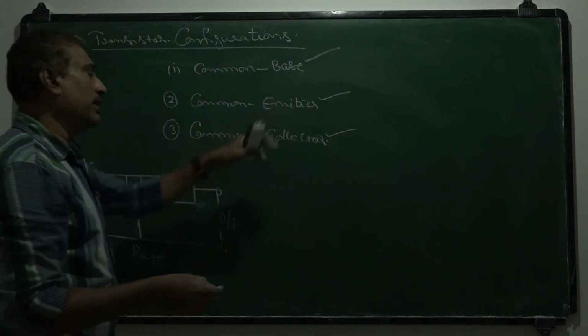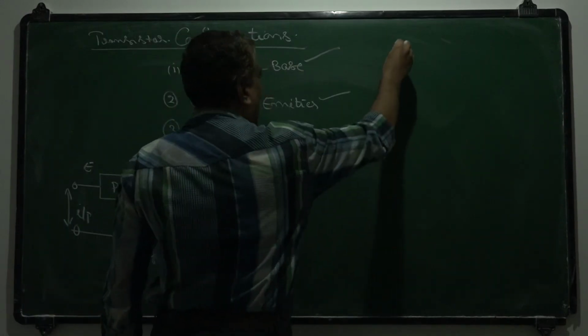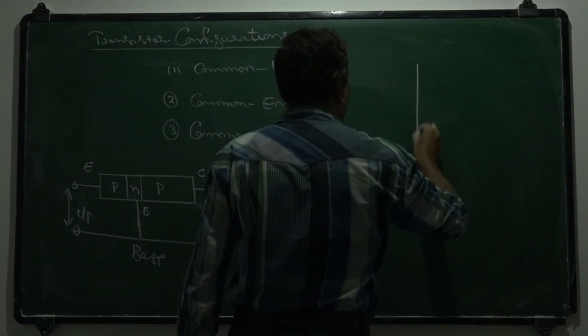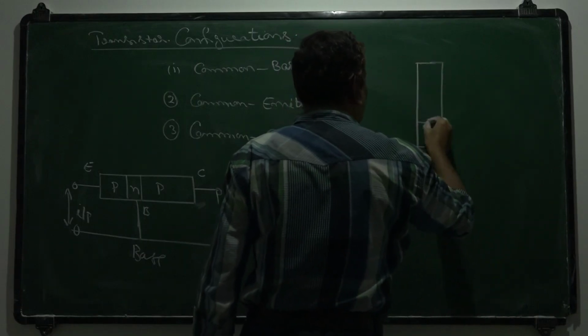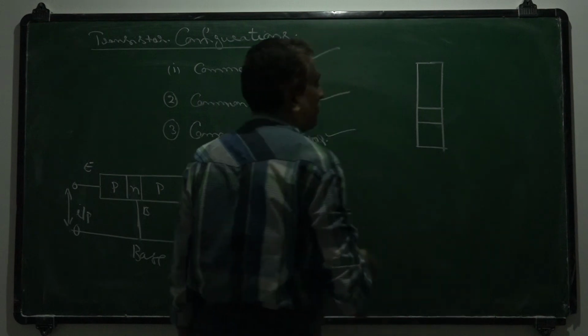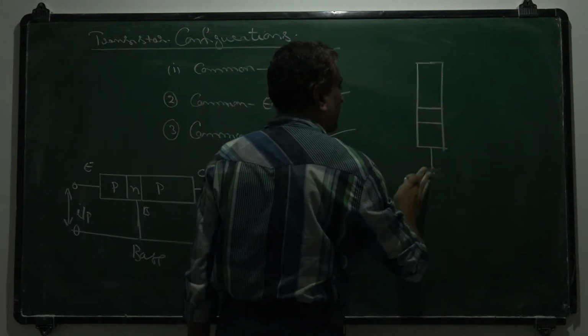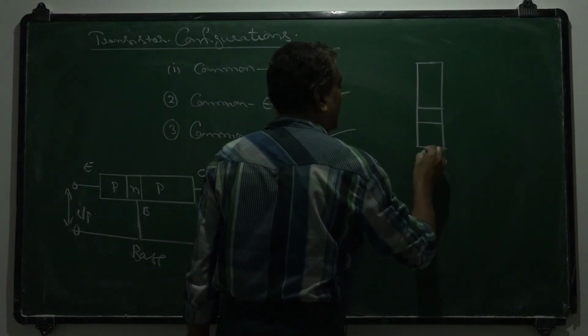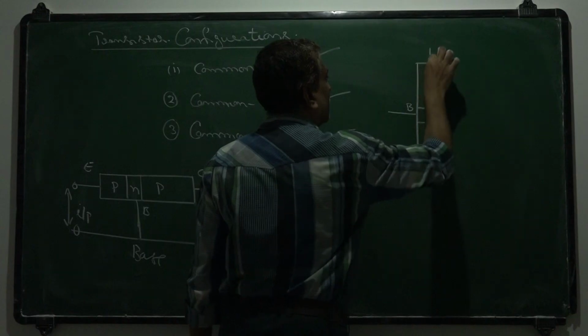Now in common emitter we have like this. So emitter is common like this. This is emitter, this is base, and this is collector.